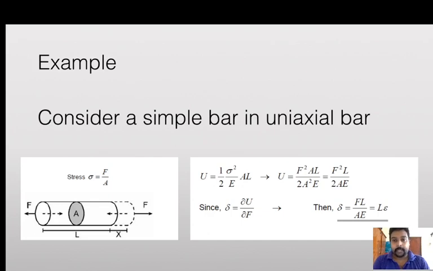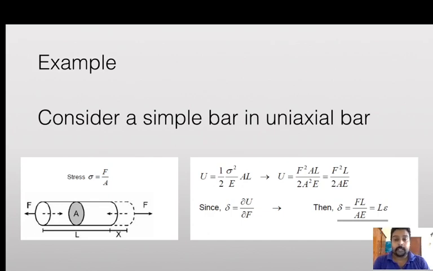The stress is F divided by A, so sigma squared equals F squared divided by A squared. So U equals F squared AL divided by 2A squared E, and after cancelling A, we can take it as F squared L divided by 2E.